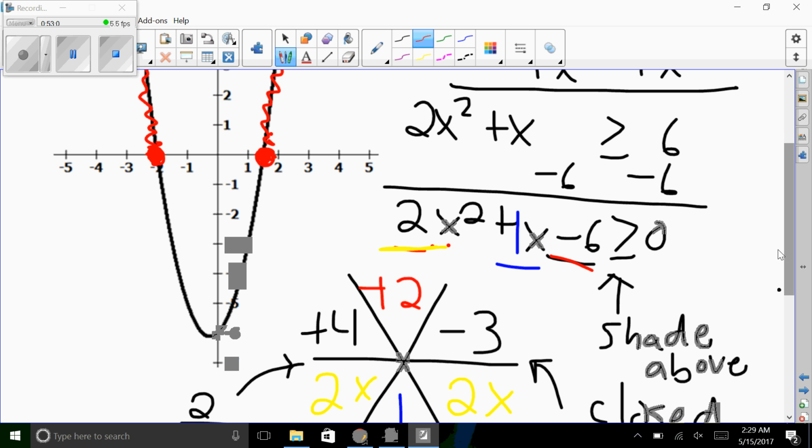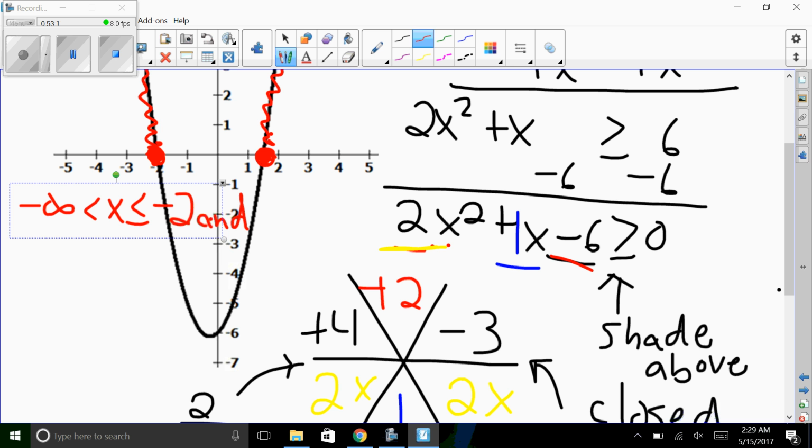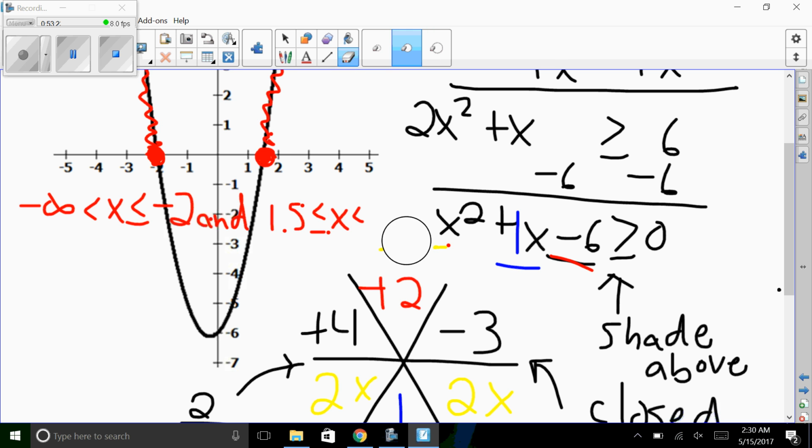The left side goes from -infinity, less than x, less than or equal to -2. And it goes from 1.5, less than or equal to x, less than infinity.